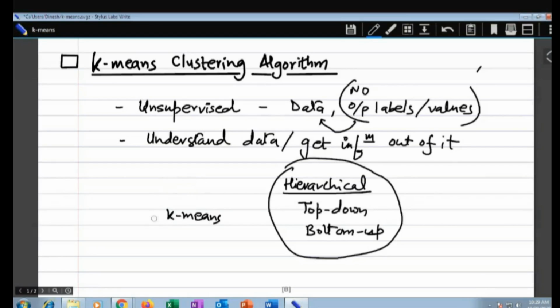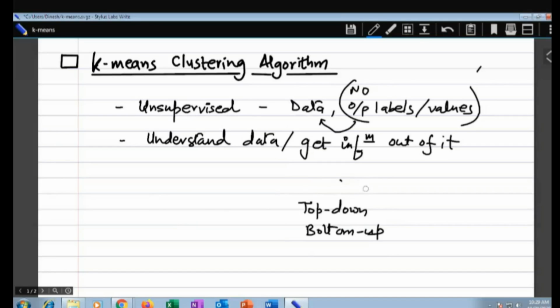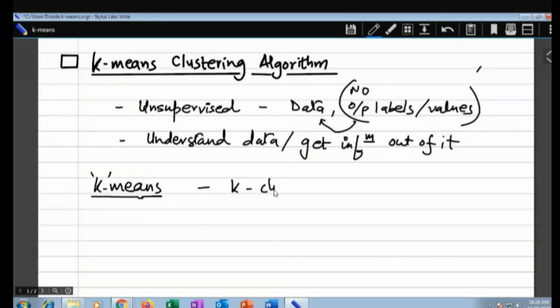So what does this k-means do? As the name itself suggests, there are k different means, or k clusters. This k stands for the k clusters or k groups to be formed in the data.